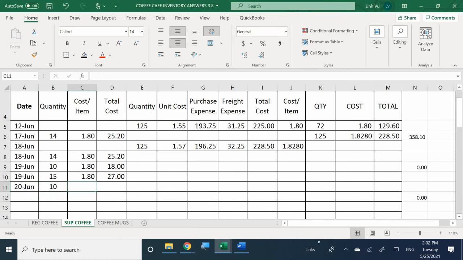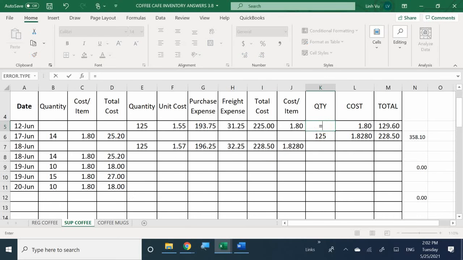Go ahead. 10 pounds at 1.8 to give us $18 total cost. Then under the quantity, since this is FIFO, we go to the first batch. Let's go.